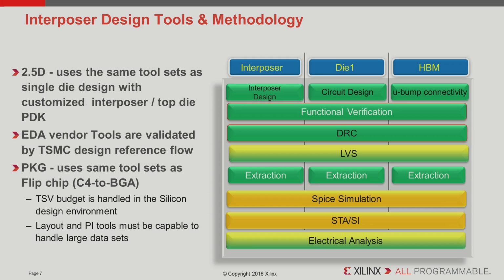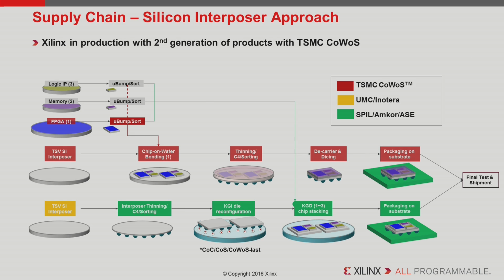So if you have an SoC with 4 HBM, you're looking at interposers that are larger than reticle size. And maybe C4 bumps could be over 30,000, right? So from the versions of the tools, you need to make sure that the data sets can be handled to simulate appropriately. So on the supply chain, we are qualified with TSMC's CoWoS platform.